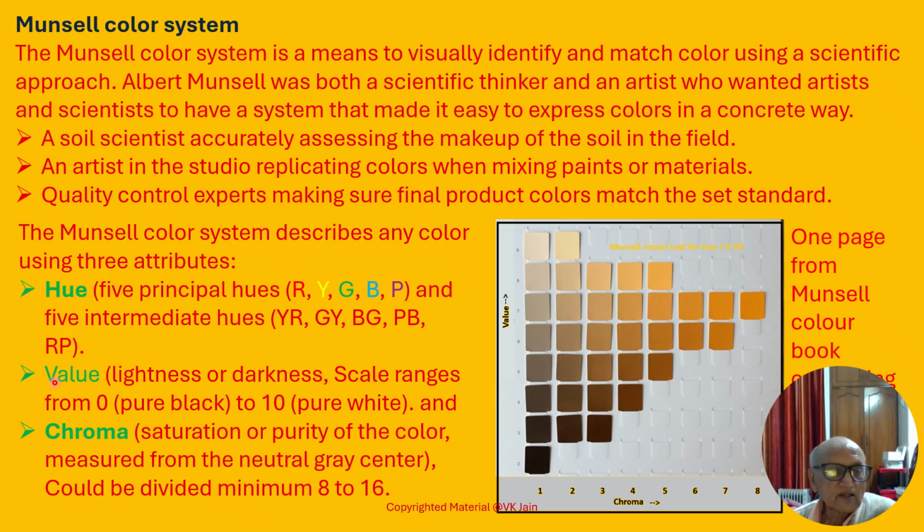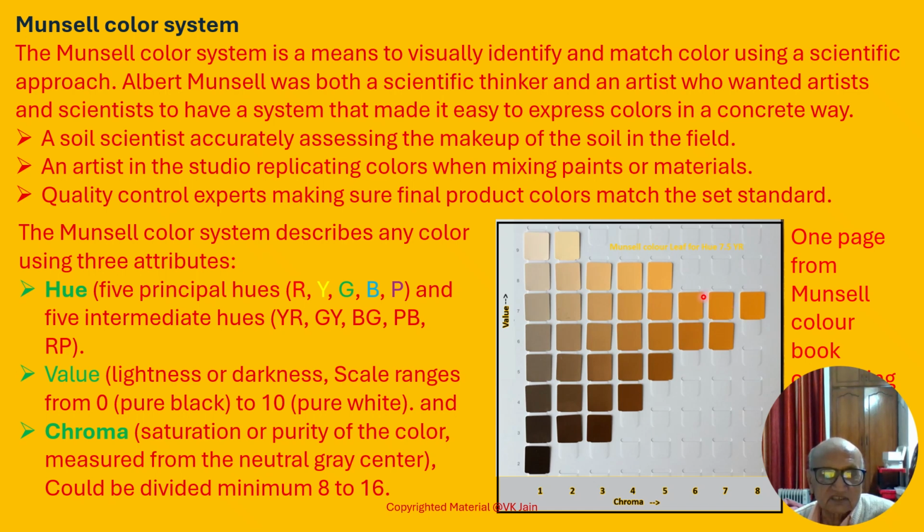Value: lightness or darkness, on a scale from 0 pure black to 10 pure white. And chroma: chroma describes saturation or purity of the color, measured from the neutral grays at the center. It could be divided from minimum 8 to 16.